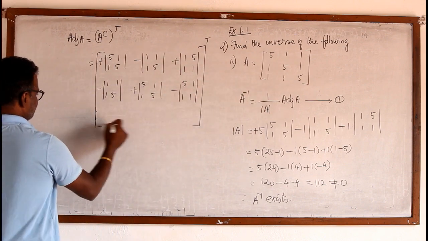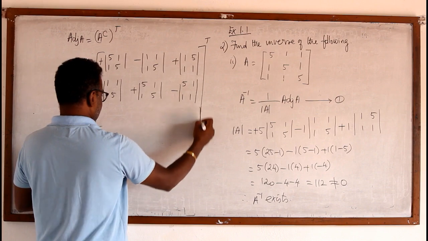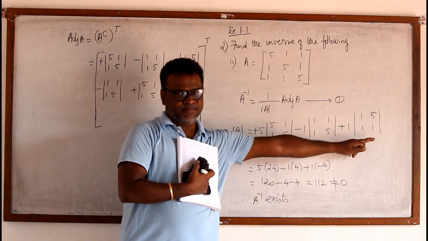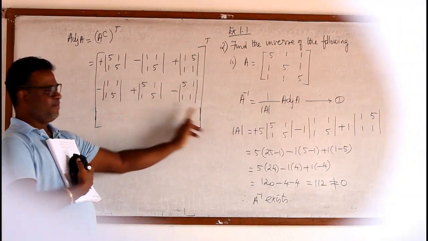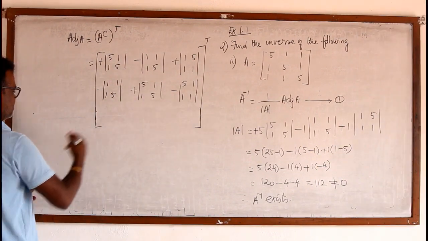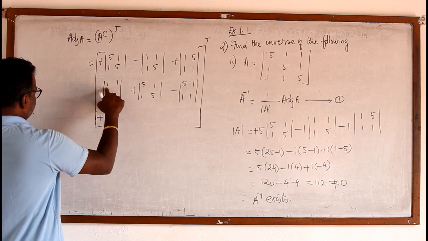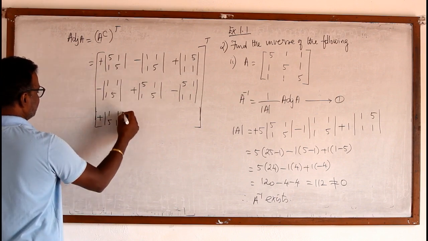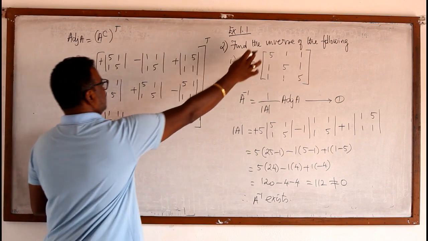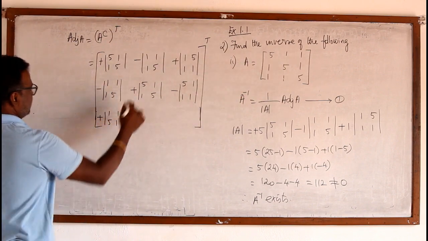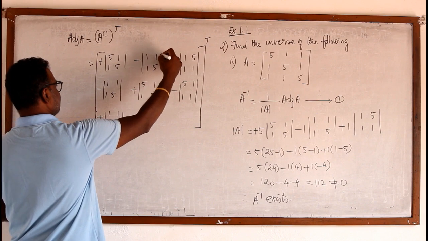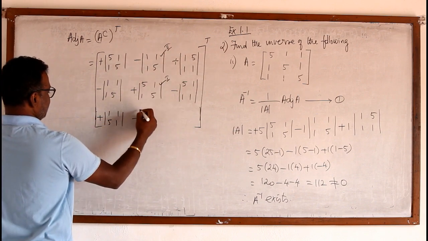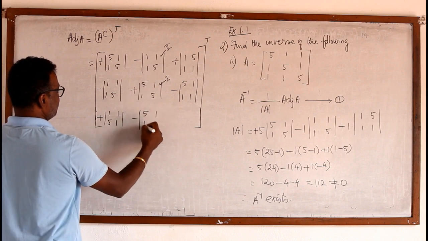Now the third row, are you able to follow? The first row I copied from here, the second row only I found. For the third row, listen here, write this first, that is 1 1, then 5 1. Just write this one first, then second this one. Minus, see, 5 1 1 1.